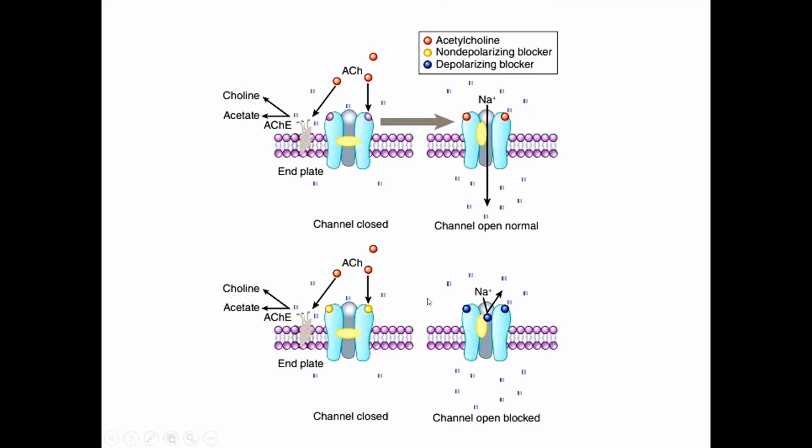At higher concentrations, because of the desensitization of the receptor, it will not allow the sodium ions to enter into the cell, even though the channel is opened. It is because of the phase 2 blockade.